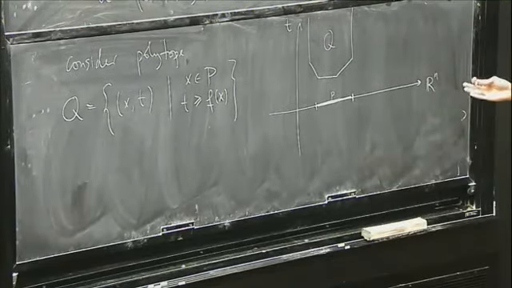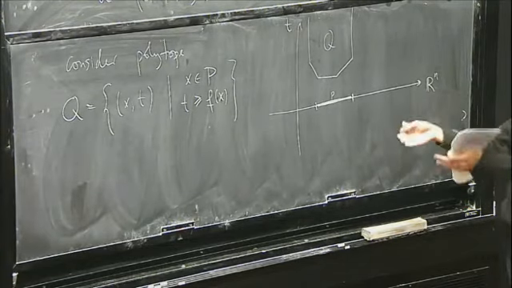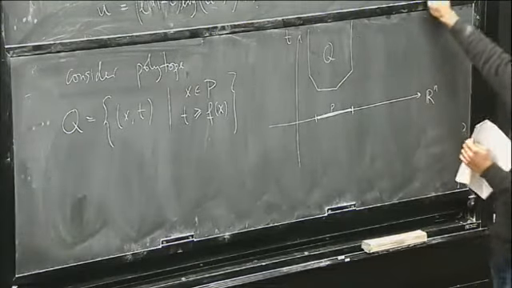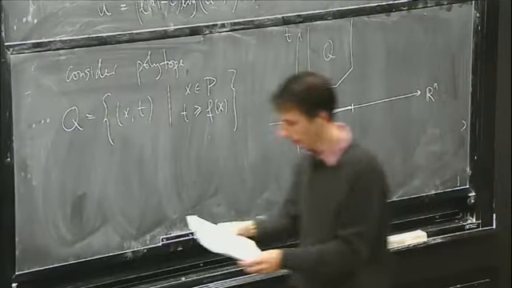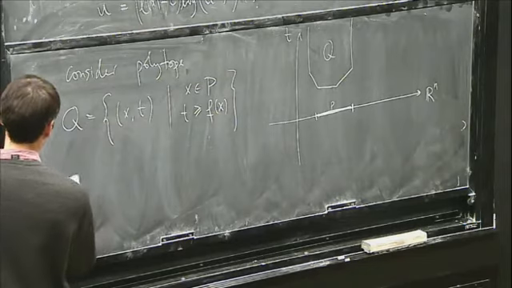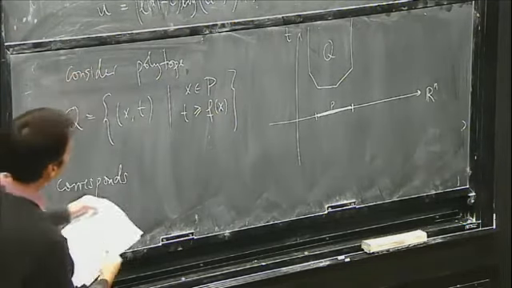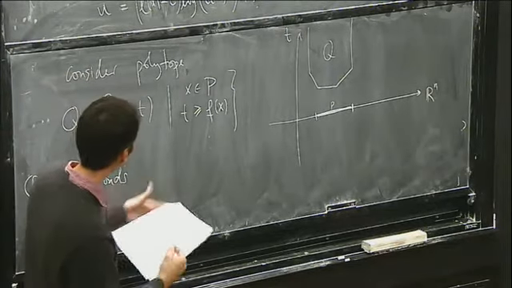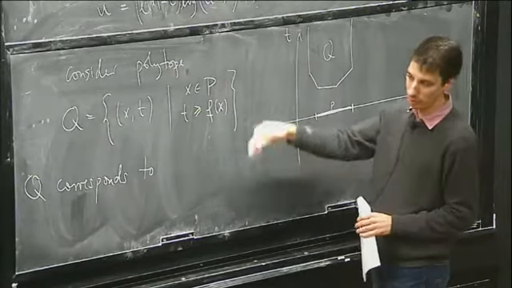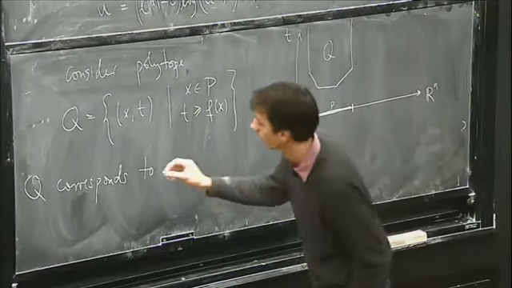This is also a convex polytope, and by this correspondence between toric varieties and polytopes, this also corresponds to a variety. It's not hard to show that Q will correspond to some variety which has a C star action as well as a projection to C. And so it gives the total space of one of these test configurations.